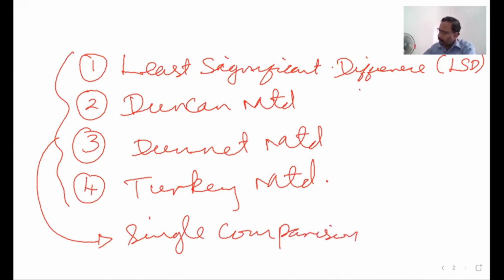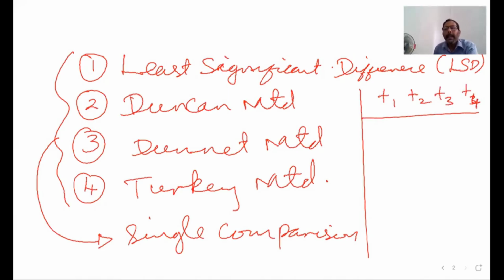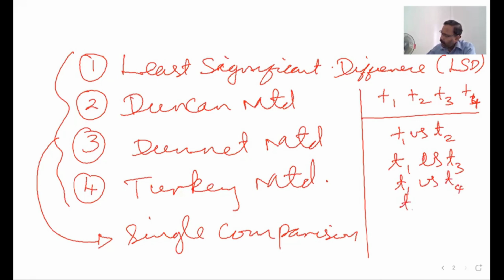What do you mean by single comparison? I have 4 treatments, let's say T1, T2, T3, T4. This is milk yield, the milk yield example we gave earlier. So T1 versus T2, T1 versus T3, T1 versus T4, then T2 versus T3.